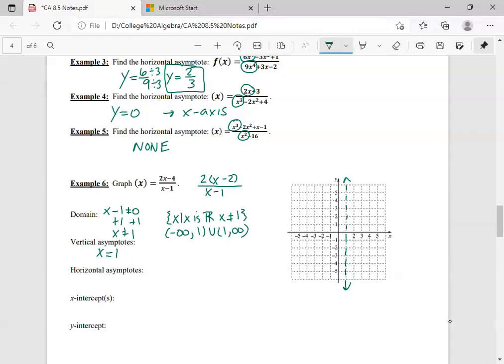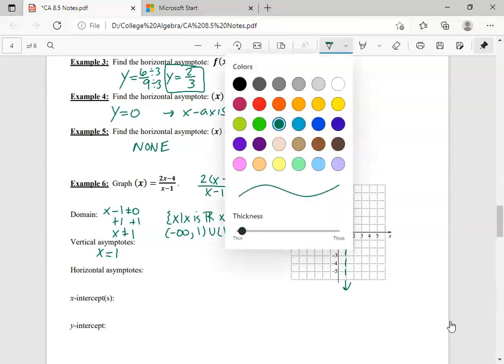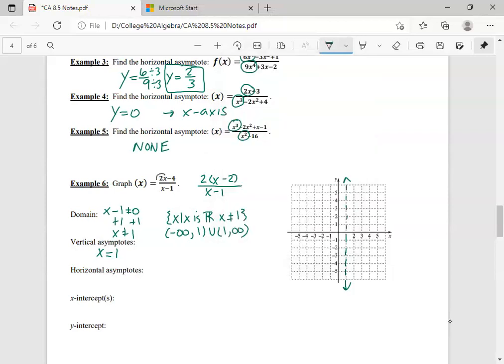When you get to the part with the horizontal asymptotes, the question you're asking yourself is: is this top heavy, bottom heavy, or are they the same? So you would go to your problem and look at your leading coefficient. The highest power exponent on the top is x to the first, and on the bottom, it would also be x to the first. So this one is the same. That means you look at your leading coefficients.